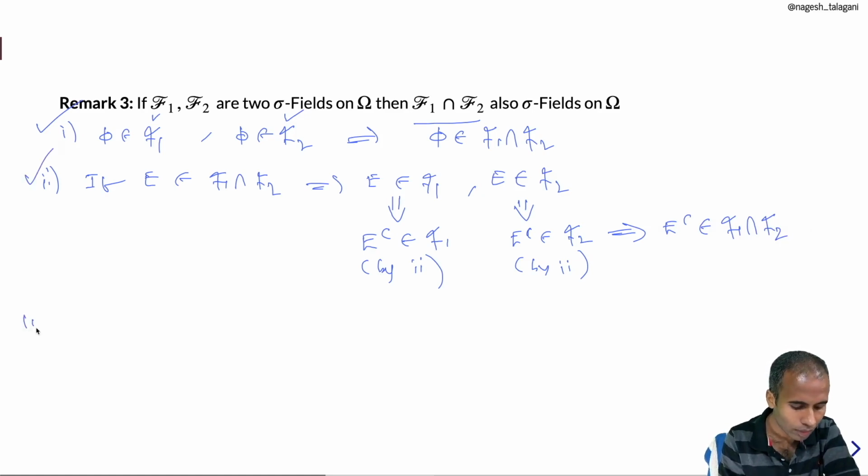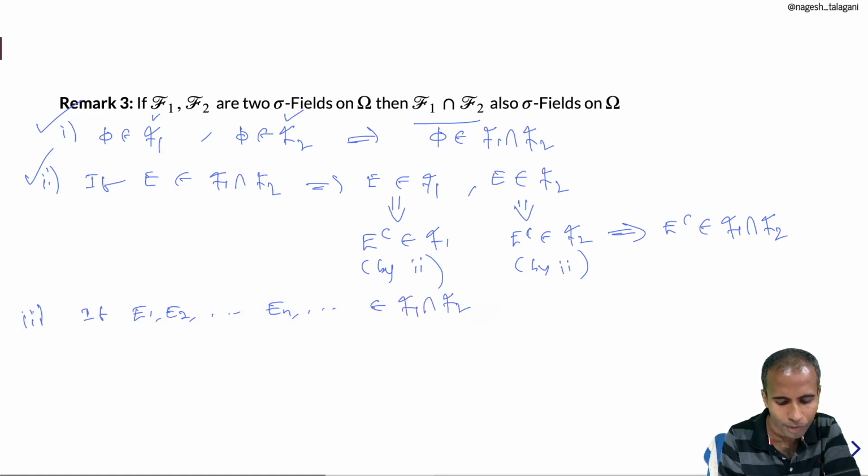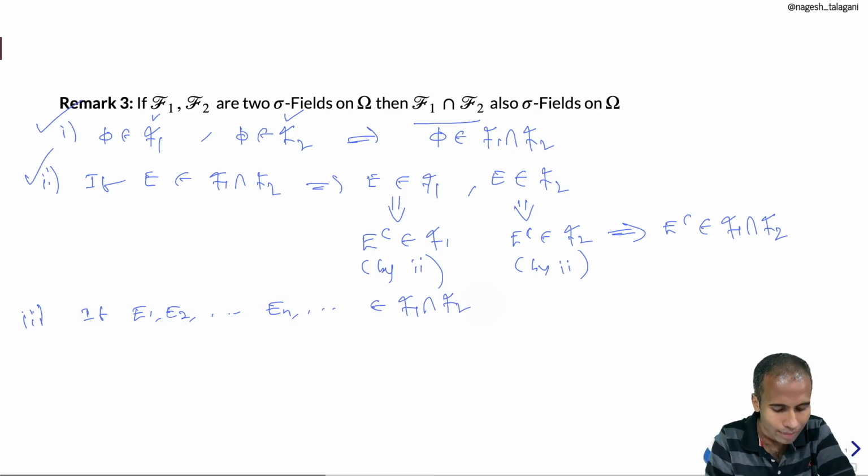Now, third condition, we need to verify the third condition. If E1, E2, and so on, En, this countable collection, is sitting in both script F1 and script F2, then I want to show their countable union is also sitting in script F1 intersection script F2.